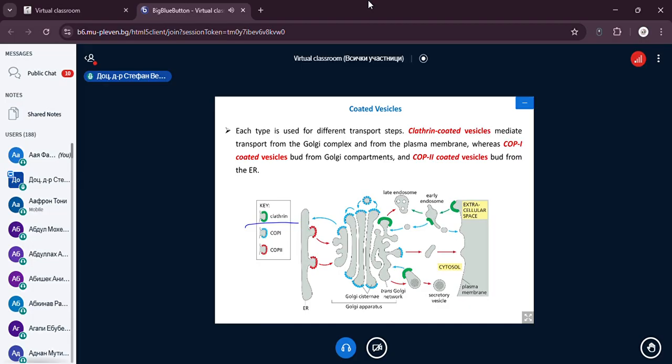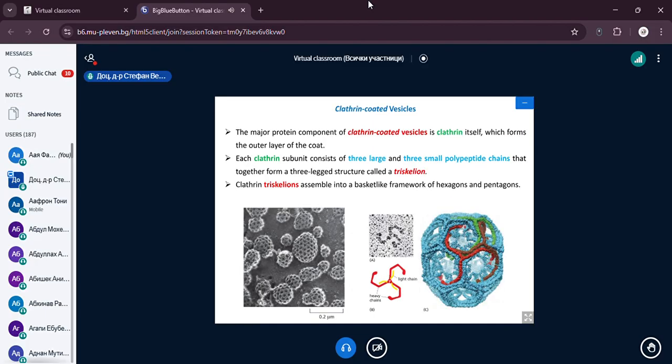These vesicles were only discovered recently, at the end of the last century, in the 1980s, via electron microscopy. So we still don't know much about the structure and how these vesicles function, but yet we know enough about them, and specifically about the clathrin-coated vesicles.